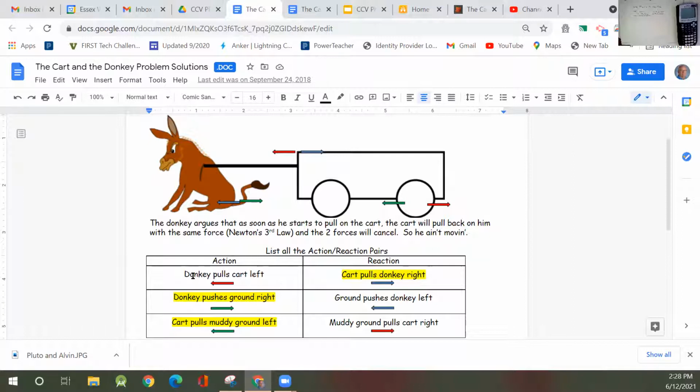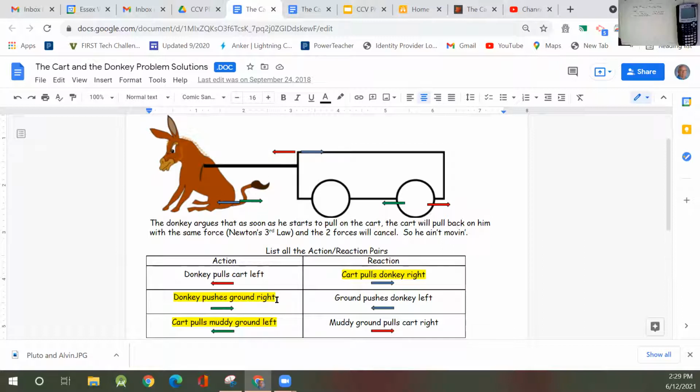Here's one: donkey pulls cart left, a force to the left, in red. And over here, cart pulls donkey right, a force to the right, labeled in blue. That's called an action-reaction pair.